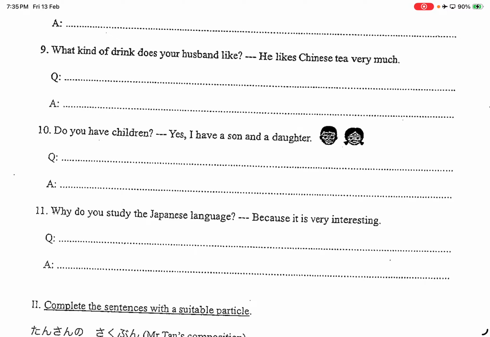Okay, so back to Nobel's question. あなたの主人はどんな飲み物が好きですか? Actually I wrote that, but I also wrote inside ChatGPT and asked. Then they say nobody says anata no danna-san.